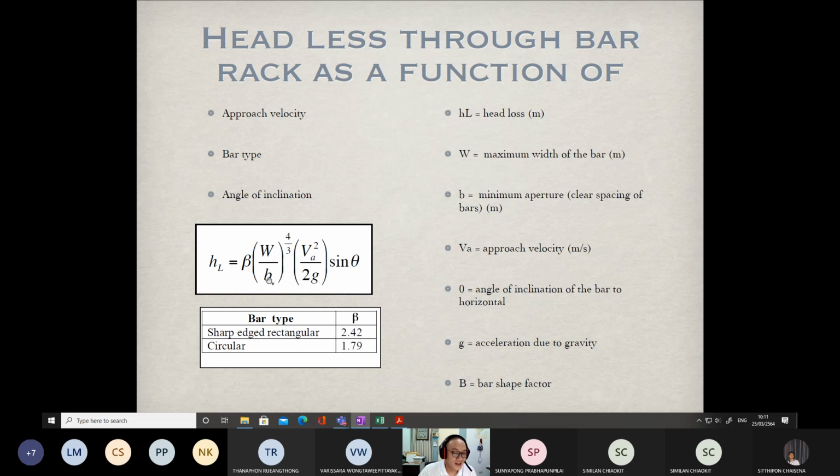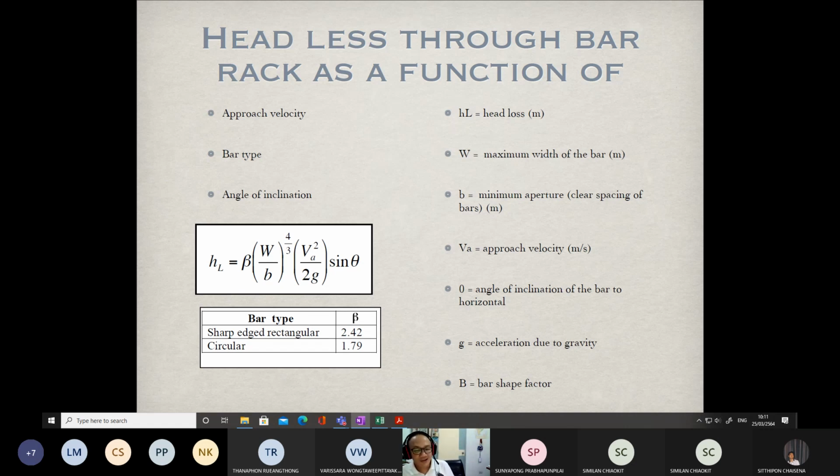Whenever you calculate using this equation, the minimum aperture or clear spacing, even if it is very small, we still have to apply in terms of meters, not other forms of length measurement.